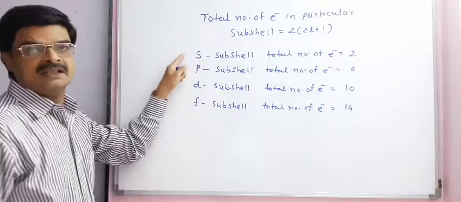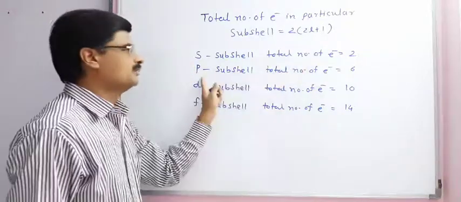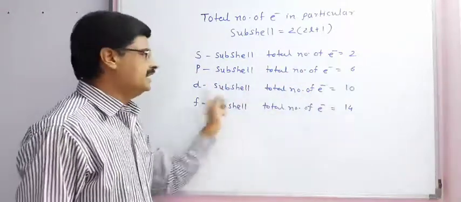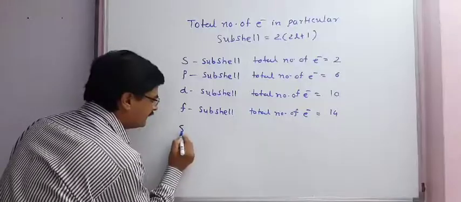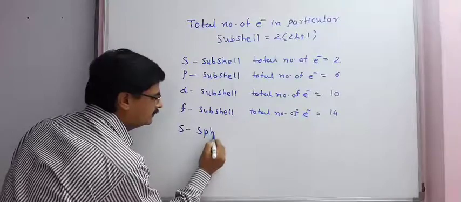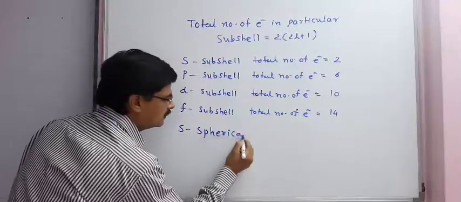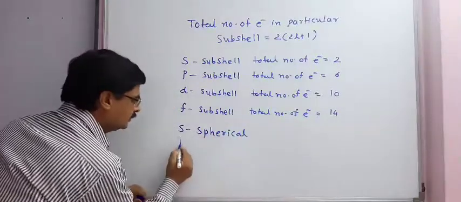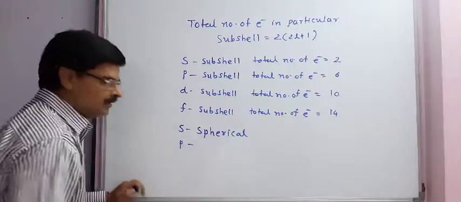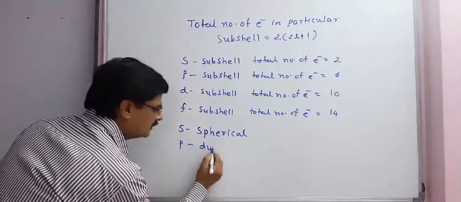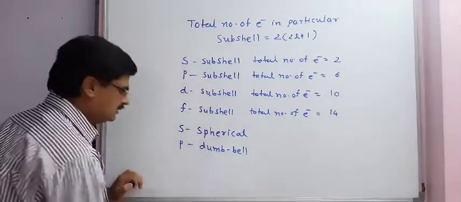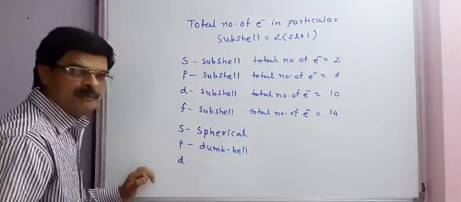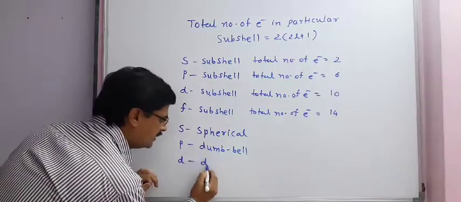So we can say s 2 electrons, p 6 electrons, d total 10 electrons, and f 14 electrons. The shape of s is spherical, the shape of p subshell is dumbbell, the shape of d subshell is double dumbbell.